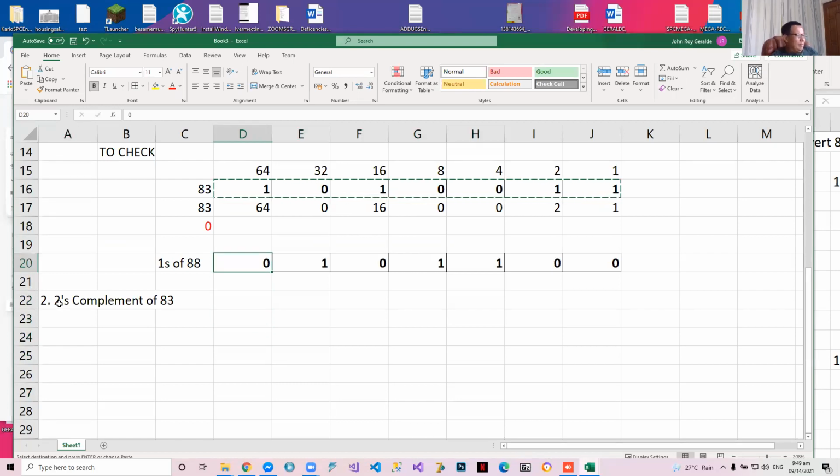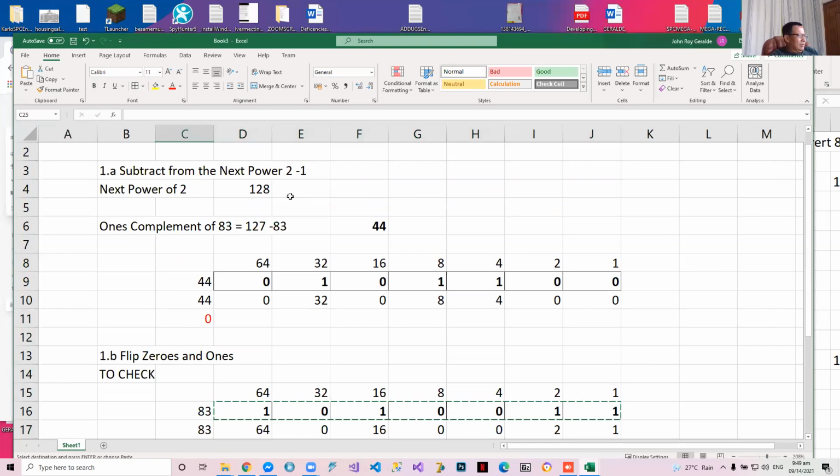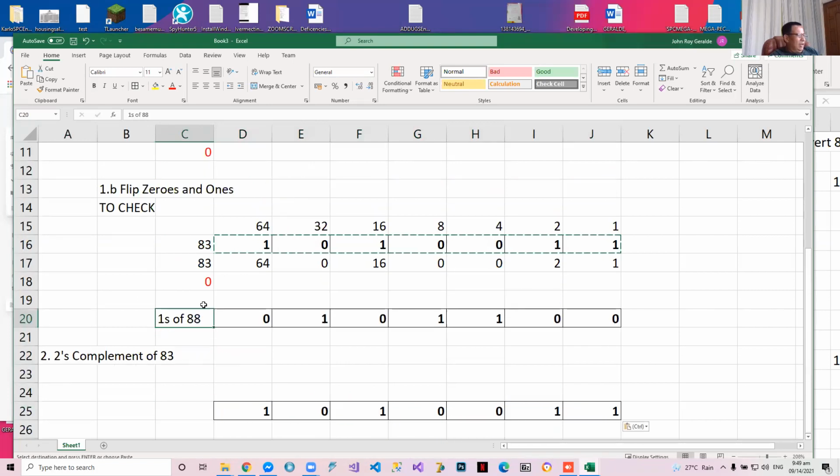No, the 1's complement, no? Kaya na natin yan. This is 80. 83 ba or 88? I'm sorry. 88, 83 pala na. No, sorry, 83. I'm erratic here. This is 83.